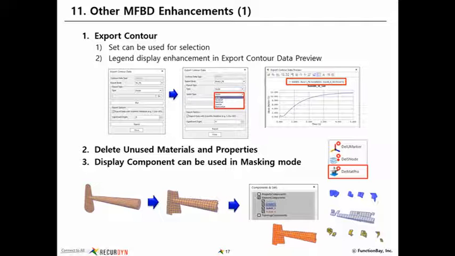Delete unused materials and properties was talked about previously. If you have a lot of materials and properties that you aren't using, you can simplify things by deleting those. And the display component can be used in masking mode. There are various improvements to the display that we've gone over previously. You can select each of these different element types, and there's a check mark there.